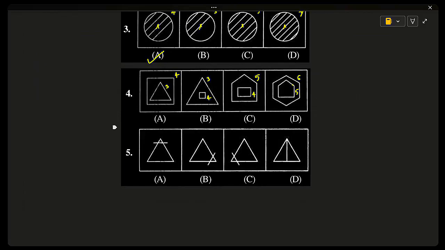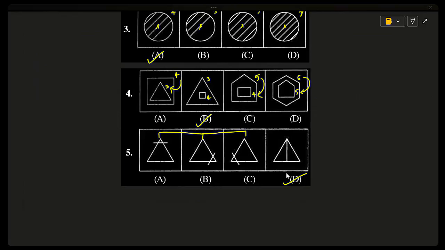So what is the common relationship? 4 minus 1 is 3, 5 minus 1 is 4, 6 minus 1 is 5. But here it is reversely given. That is option B, odd one out. Fifth one. You can see clearly that by rotating this figure, we get option A, option B, and option C. All of them can be formed by rotating, but option D is different. So this is odd one out.